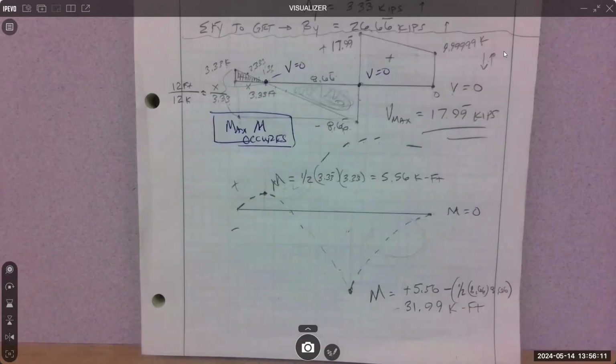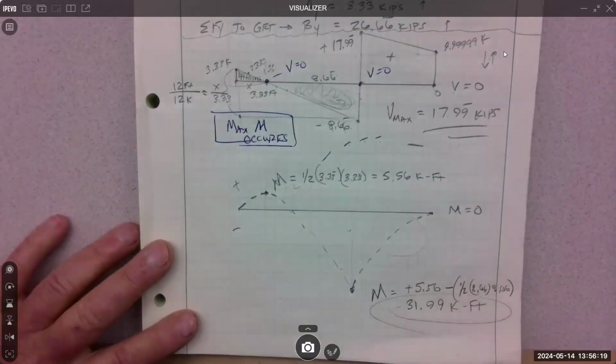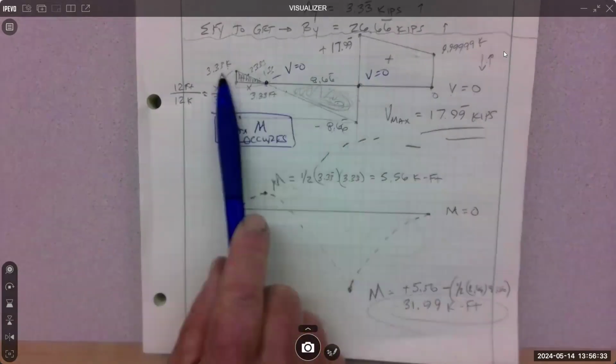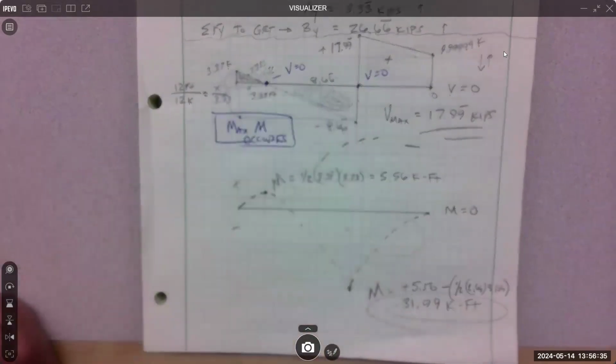We just want the absolute value, the biggest moment on the graph, and that is this one by far. You have to subtract the 5.56. This is negative, this is positive, so this one has to be taken from the other.